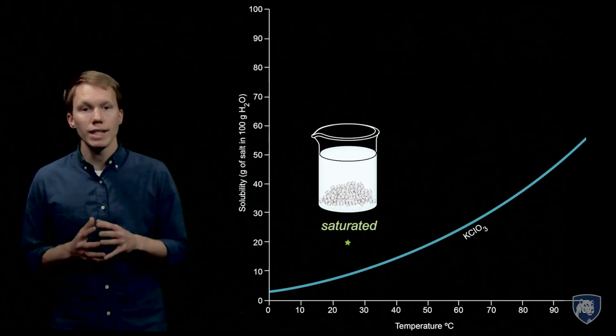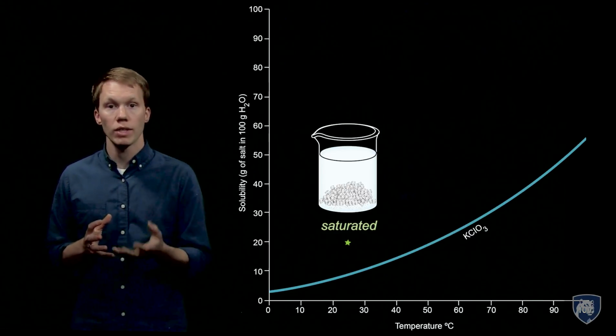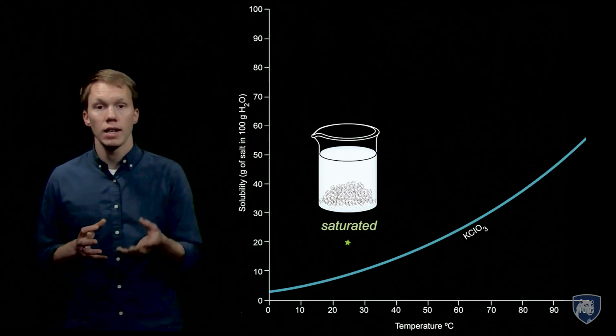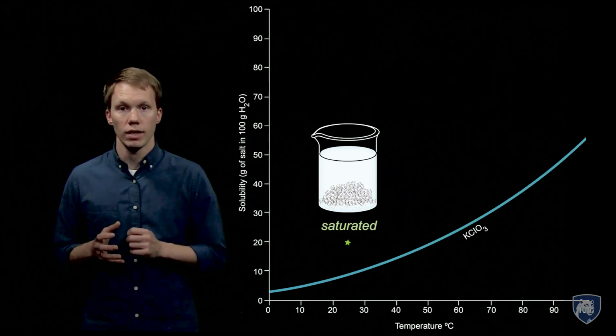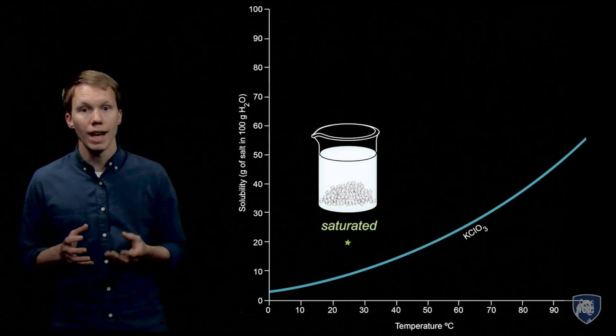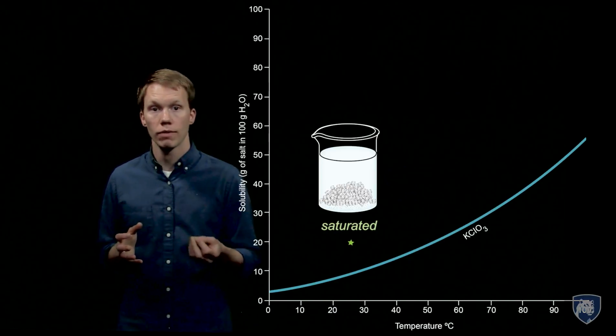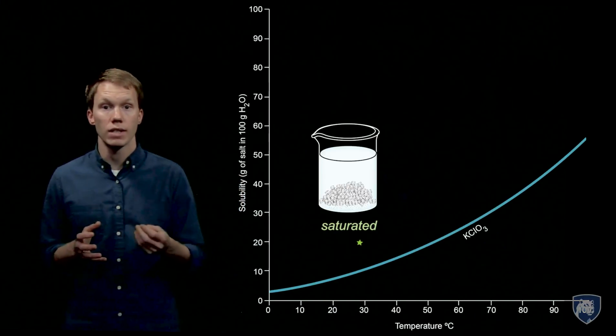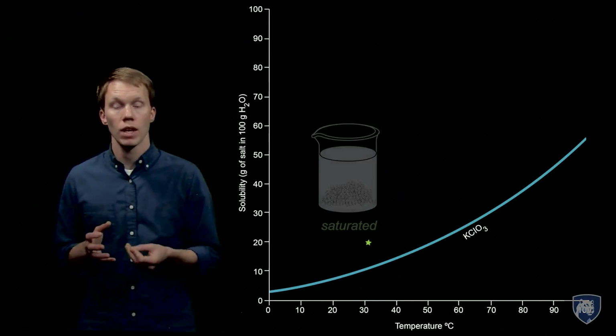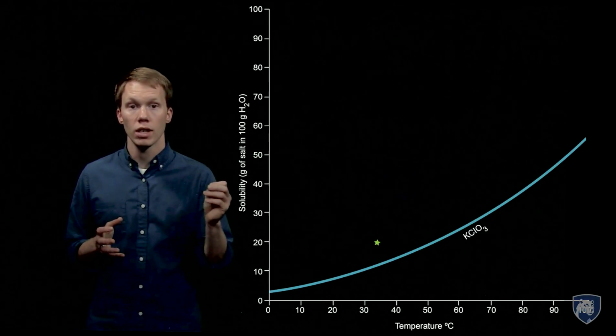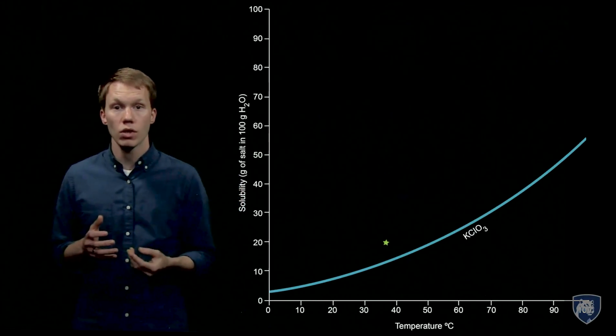But what if I wanted to take that solution with 20 grams of solid and make it supersaturated? How would I do that? Well, I would have to heat it up in order for the solubility to increase and dissolve all of that solid material. So I need to increase the temperature enough to completely dissolve that.